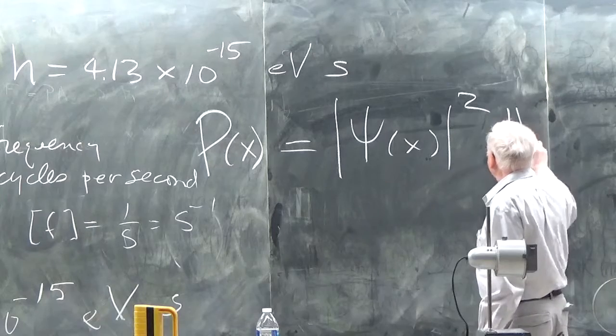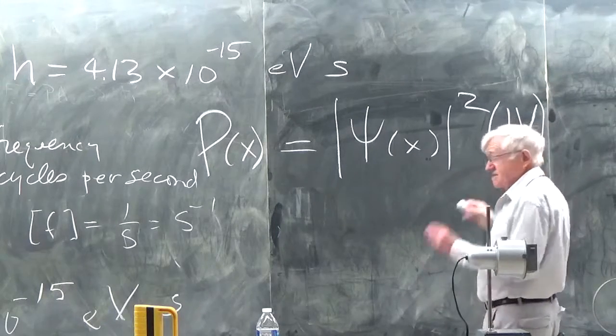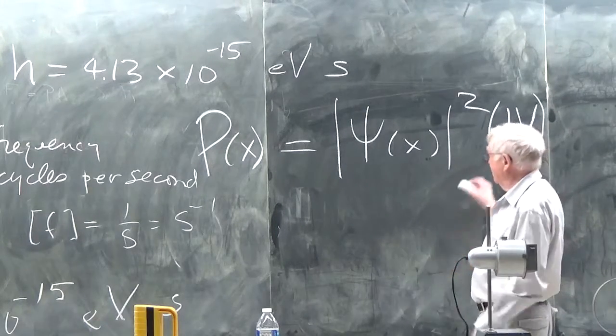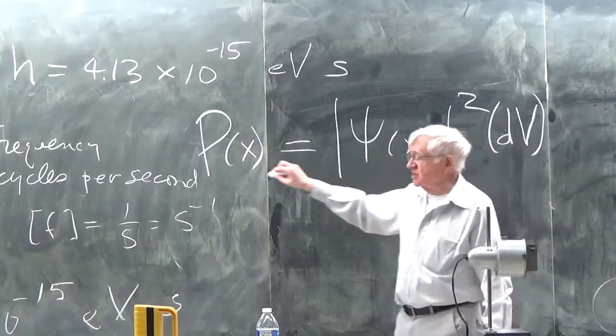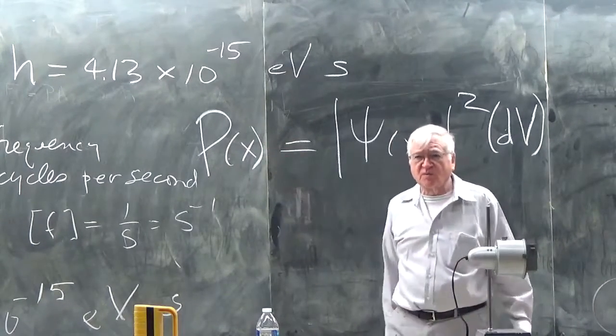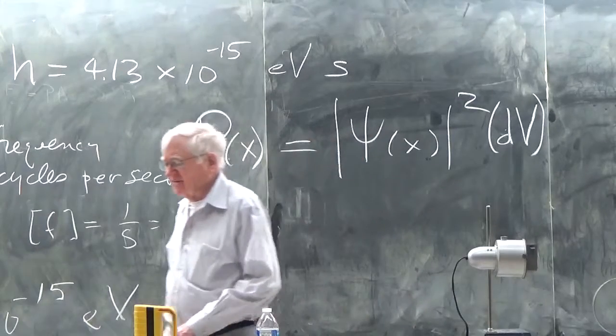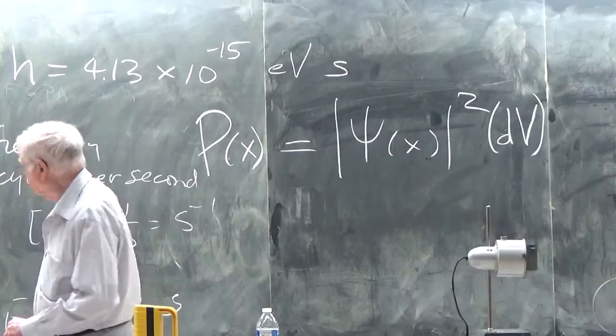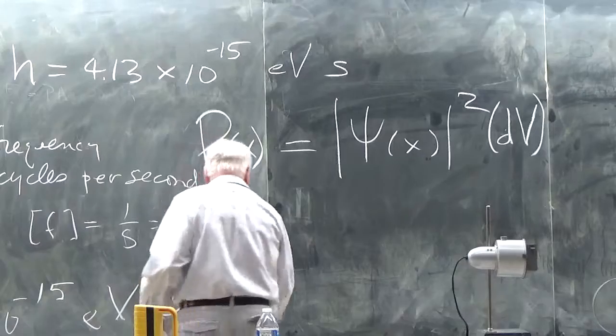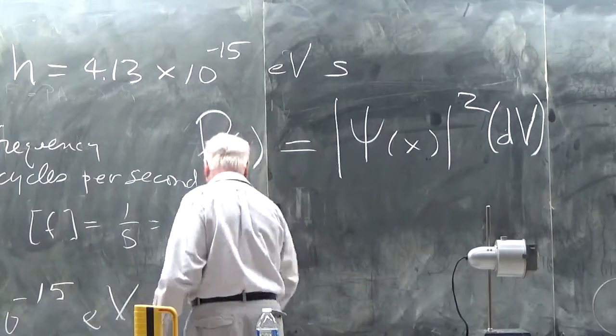So let me call that dV. So if dV is a certain unit of three-dimensional volume, that times the square of the wave function is the probability that the particle will be there at a given time. So to put in the time, it would look like this.